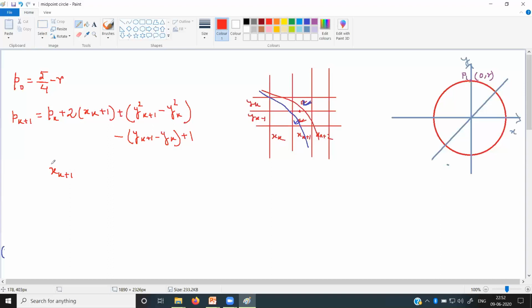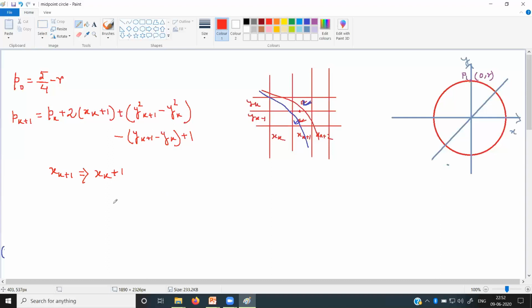We can find out this x of k plus 1 from the previous x value, using only addition, incrementing the previous x value by 1. Now for this x value at the k plus 1th iteration, we have to decide what the y value will be, whether yk or yk minus 1.